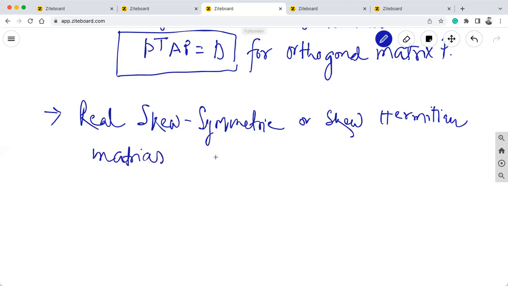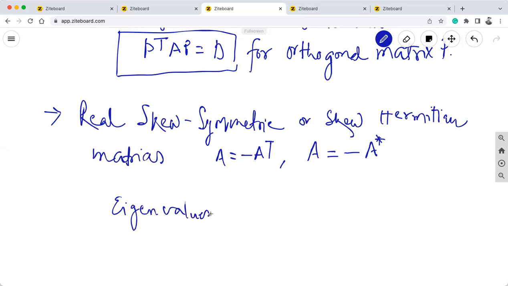What is a skew symmetric matrix? If you have a matrix A, and it equals minus A transpose, we call it skew symmetric. If A equals minus A star, then we call this kind of matrix a skew Hermitian matrix. Basically, all the eigenvalues of this kind of matrices are pure imaginary.